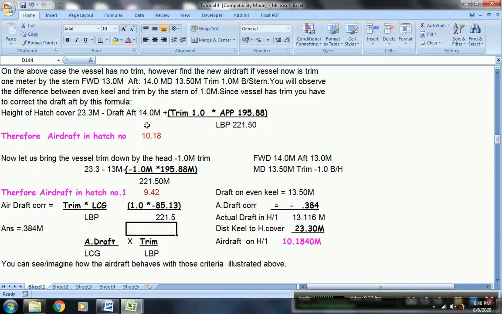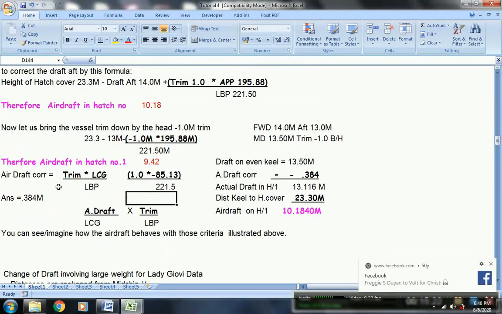For the 10.18, we can also find it by the airdraft correction formula. This is trim times LCG divided by LBP. So this is your trim 1 times 85.13, another method, then divided by 221.5. So the answer is negative 0.384.